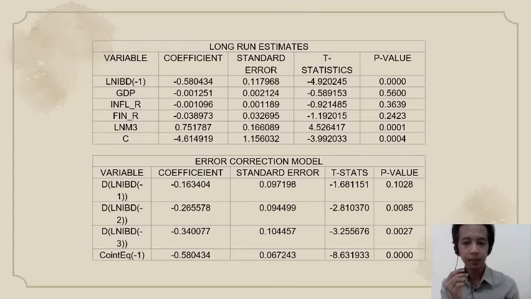The t statistic is negative 8.631933, and the coefficient is significant. In the long run, we can see that money supply has a positive and significant impact on total saving deposit of Islamic bank.